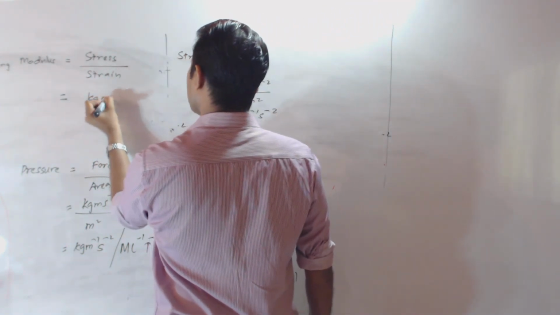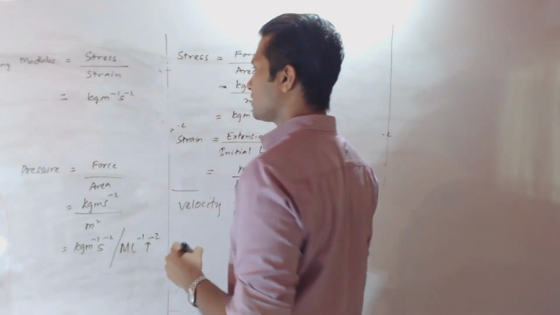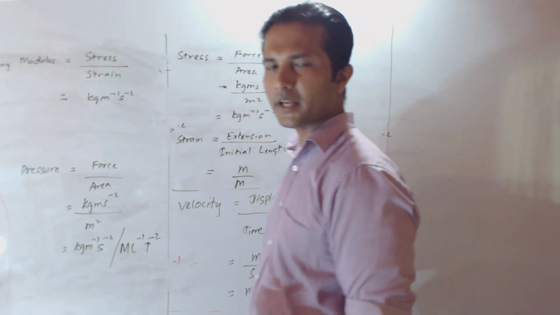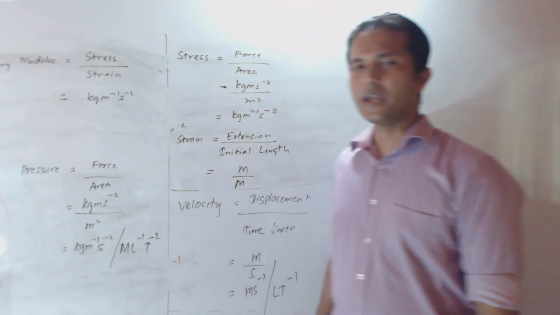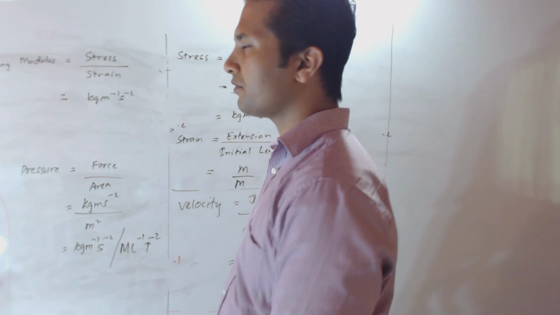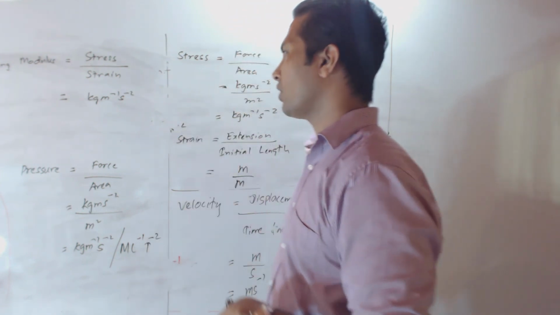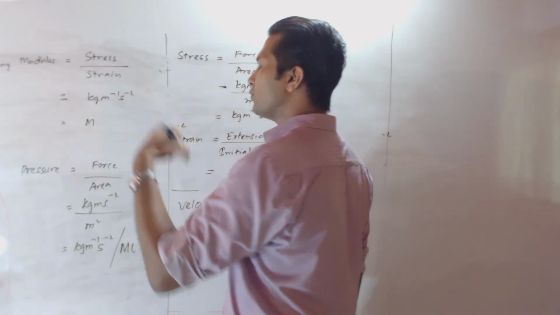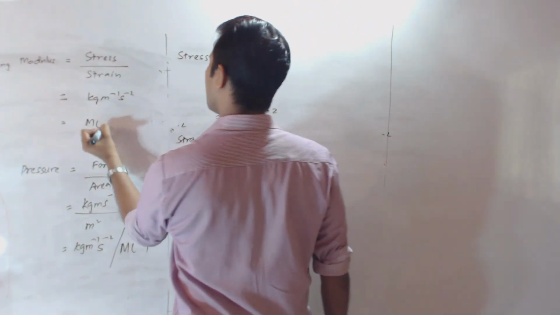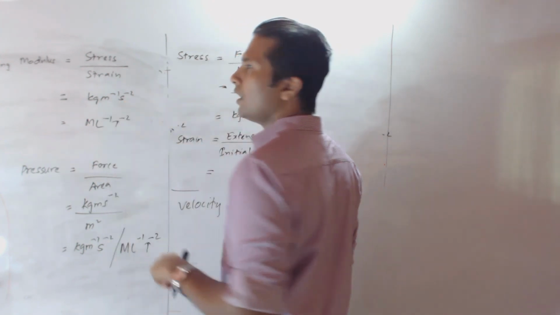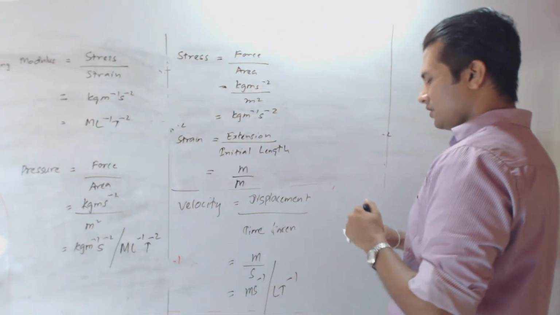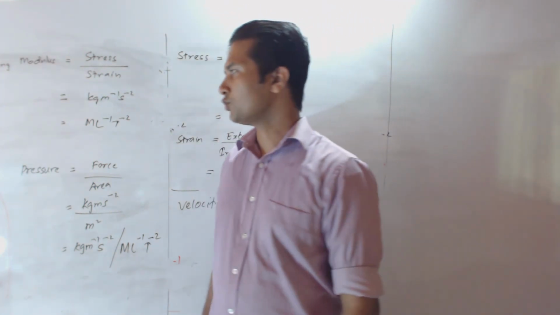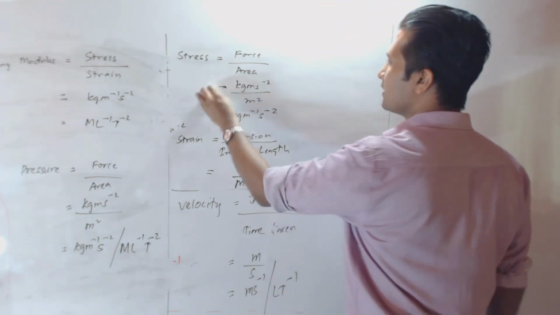As we calculated, the unit of the stress should be kg m minus 1 s minus 2, but the strain doesn't have any unit or dimension. Therefore the unit of the Young modulus becomes kg m minus 1 s minus 2. You can convert the unit into the dimension as we followed in the previous case. Therefore it becomes M L minus 1 T minus 2.